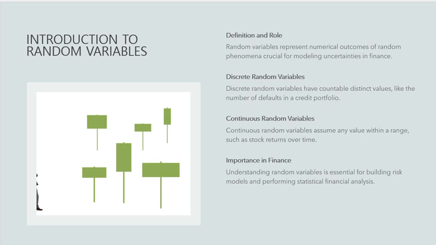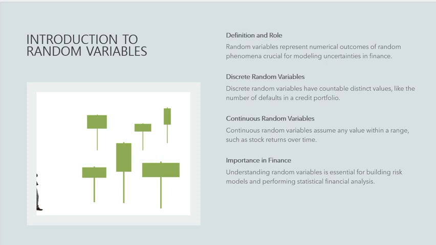In the context of market risk and quantitative finance, random variables are used to model uncertain outcomes such as asset returns, interest rates, credit defaults, or derivative prices, or the price of a stock, which is uncertain; we don't know what the price will be. In that case we use random variables, feeding in different variables, and predict the price of that asset. So these variables allow analysts to quantify and manage the inherent uncertainty in financial markets.